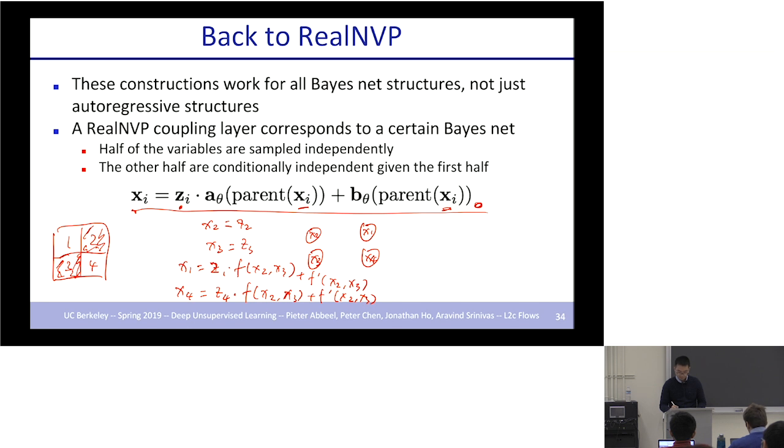Both x2 and x3 influence x1 as specified by the dependency, and x2 and x3 also influence x4. This is the Bayes net structure behind a RealNVP. You somewhat arbitrarily pick that pattern, and that gives you an invertible transformation that specifies how the dependencies for your invertible functions are parameterized.